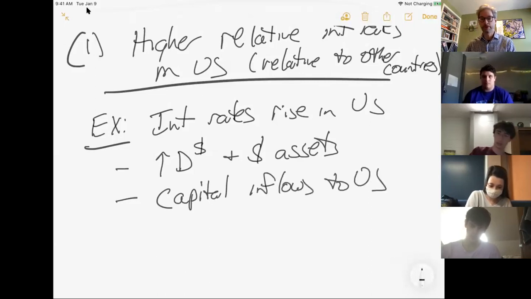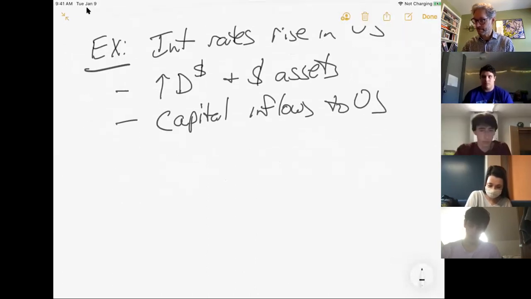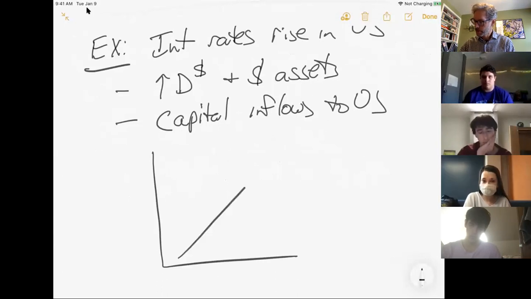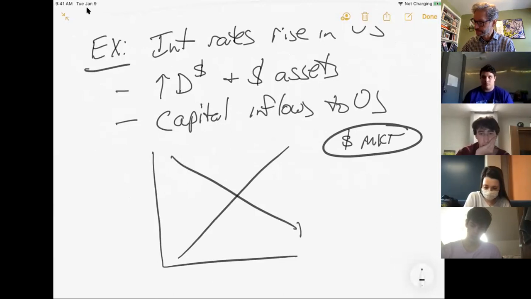Capital is going to want to go into the United States where it can get a higher return. So if this is the market for dollars, what's going to happen?